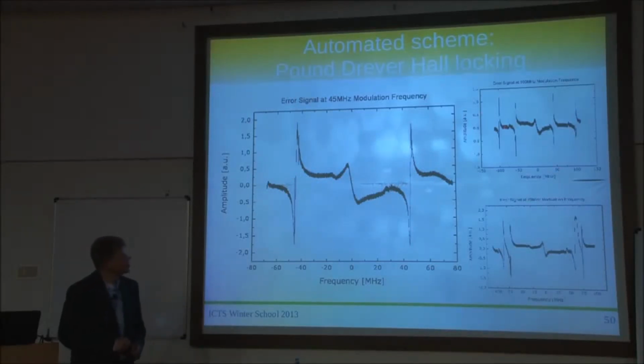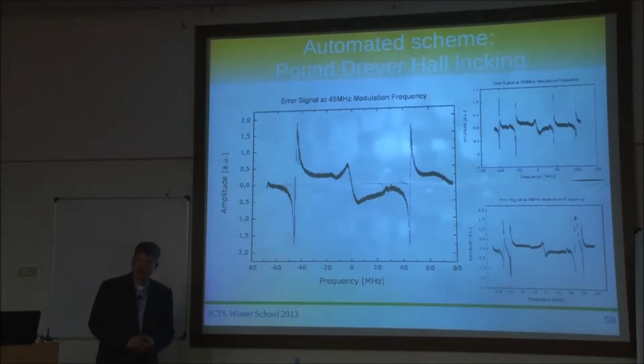These are some signals at different modulation frequencies. For LIGO, for the injection locking of the laser, we use 35 megahertz at the moment. If you use frequencies which are too high, then the sidebands of the next signal would move in here, as you can see. In any case, you want to pick a frequency which is higher than the locking bandwidth, because otherwise the sidebands would appear somewhere here where the carrier is and where you don't want them.